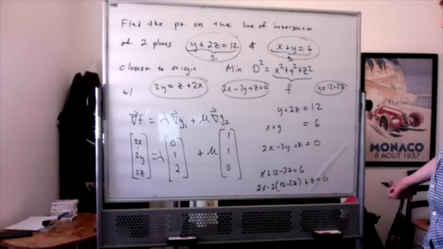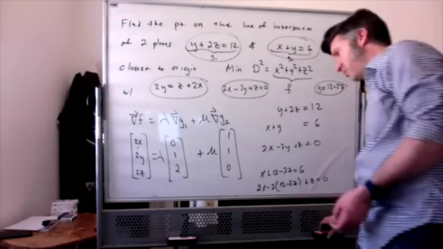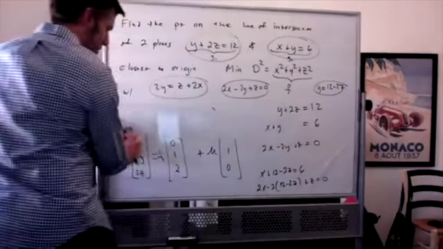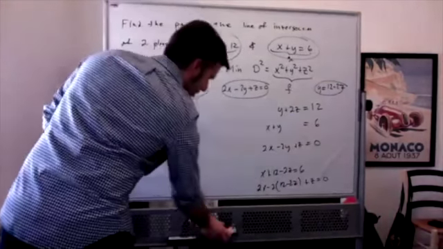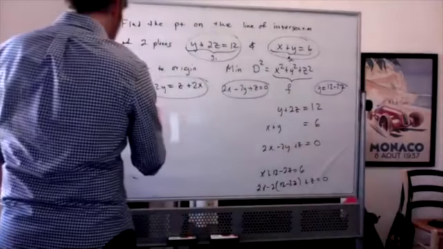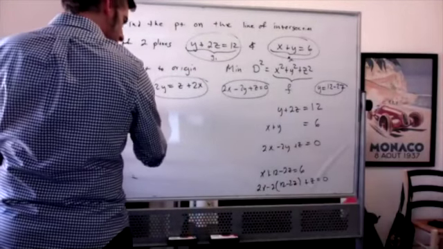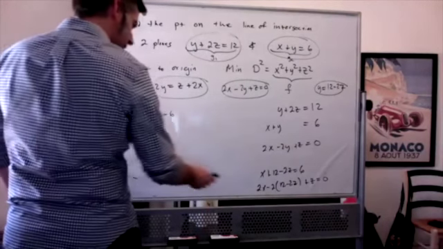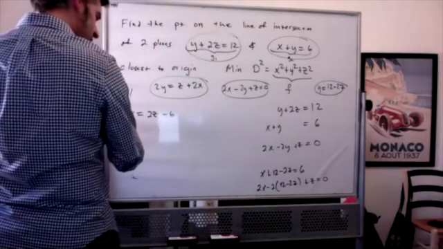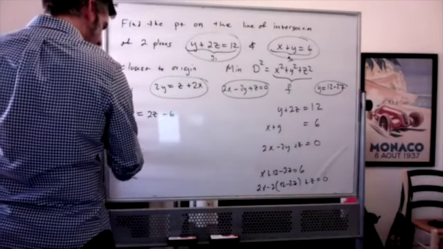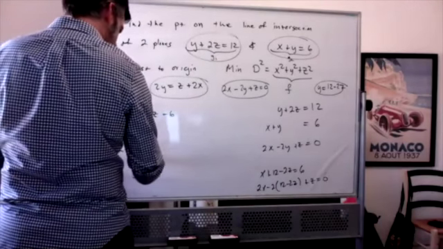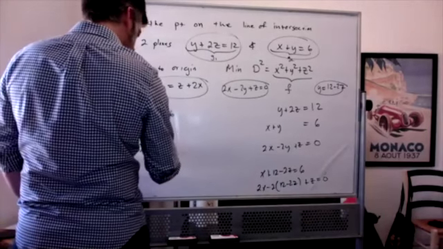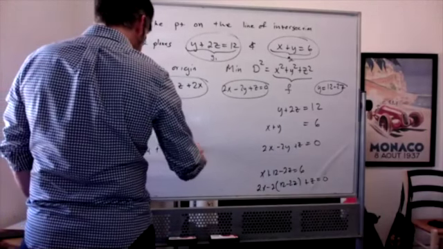Then you can solve each of these for the same variable and set them equal to each other. So we're going to have x equal to 2z minus 6. And here we're going to have 2x minus 24 plus 4z plus z equals 0.